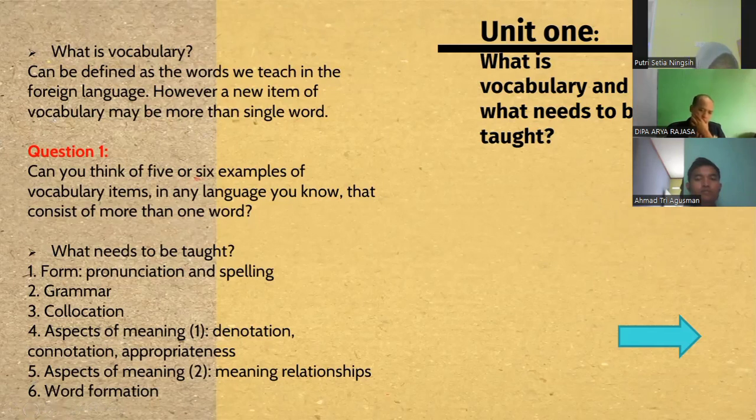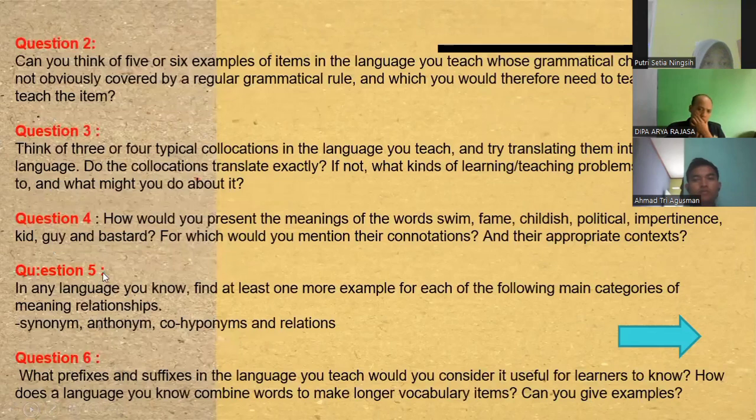So the questions that can be used are, can you think of 5 or 6 examples of items in the language you teach whose grammatical characteristics are not obviously conferred by a regular grammatical rule and which you will therefore need to teach when you teach the item?